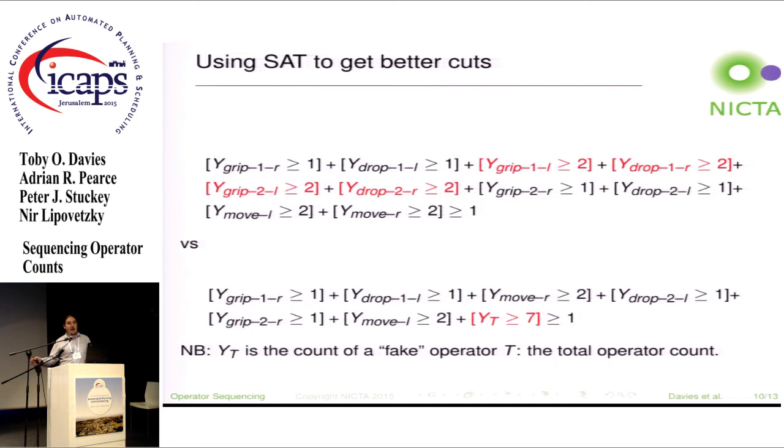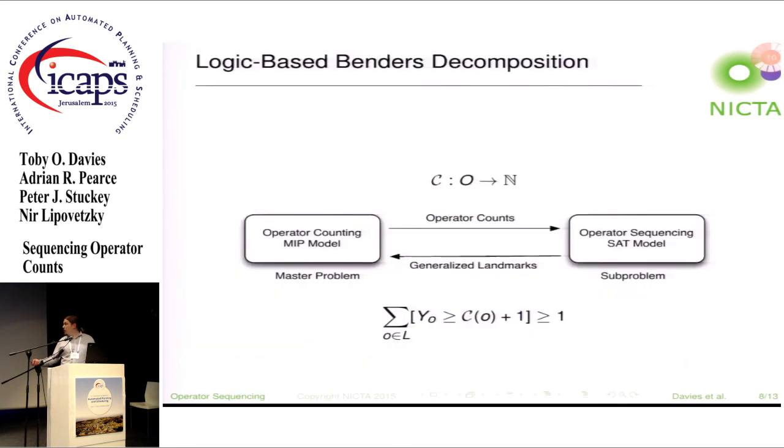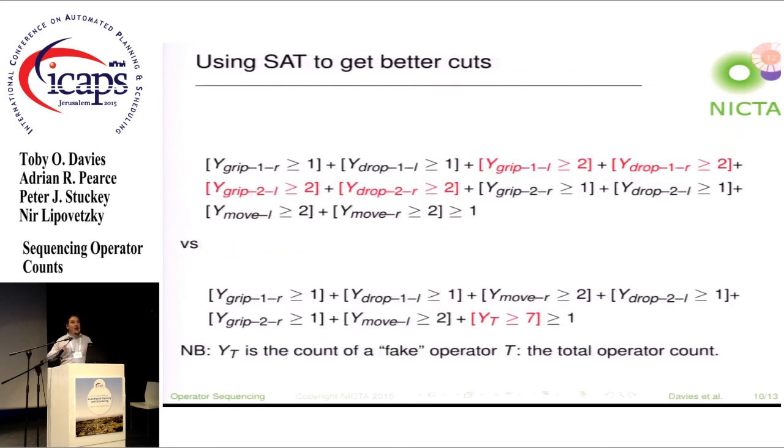If we add another layer to the formula, that no-good might not be true anymore. So we say, I need one more of these actions which occurred in my no-good, or I need a longer formula. And this is a strictly stronger cut than this one because, if you have a longer formula, you necessarily have one more of something.